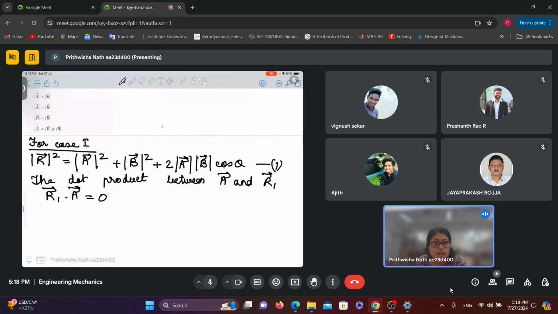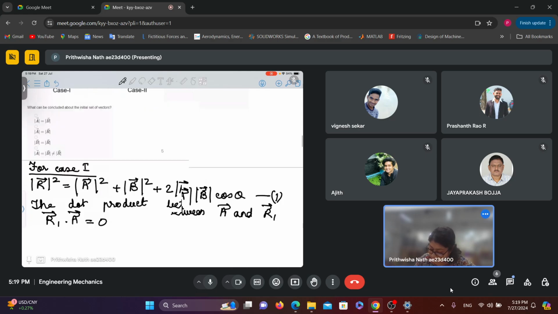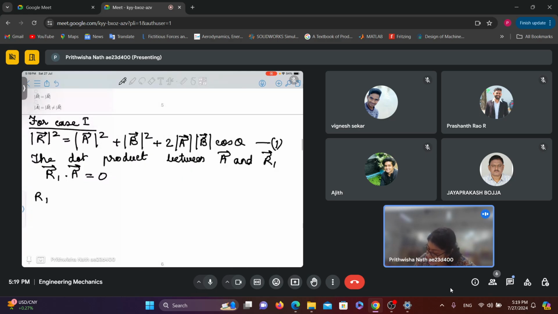Is there any doubt up till here? Okay. So now from the second case I can also write vector R1 is A plus twice of vector B. Now let it be equation number 3.